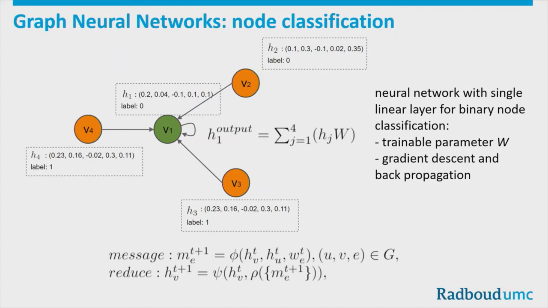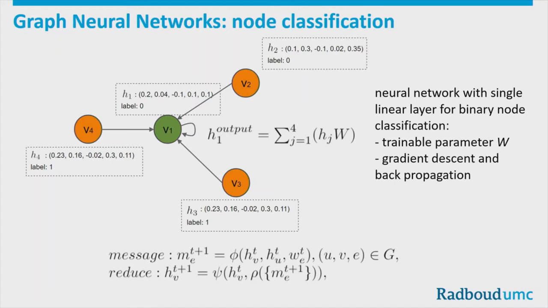In this case, as I showed before, we still use a very simple linear transformation matrix as the messaging function, and we still use a summation as the aggregation function. But in the case of binary classification, we make the linear transformation matrix W, in this case, a 5 times 2 matrix.